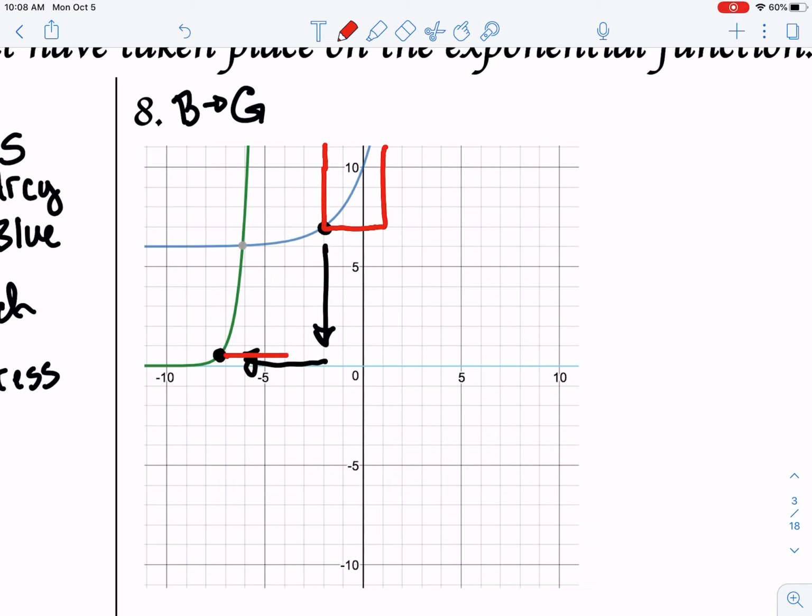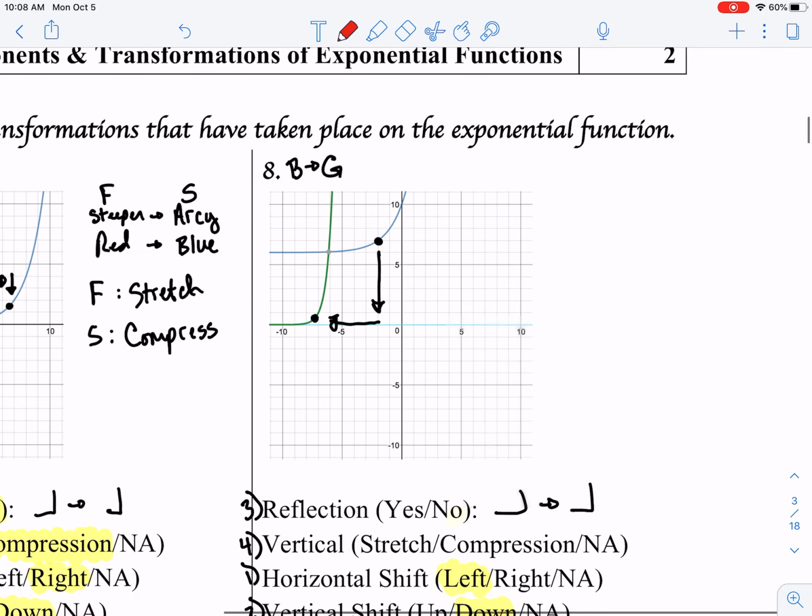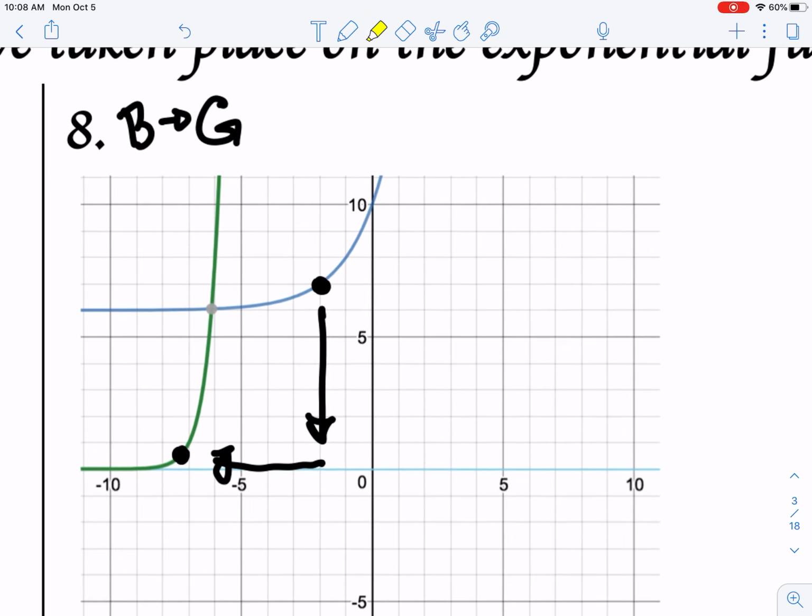Actually, I'm going to use 1 for this particular example, and I'll explain why in a second. So if I go over 1, I'm going to run up until I intersect the graph.